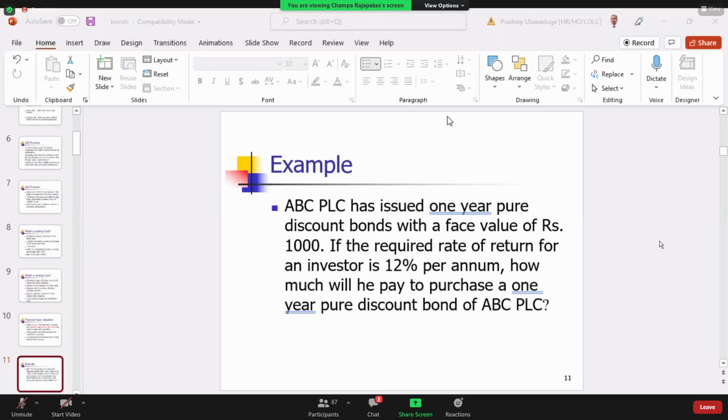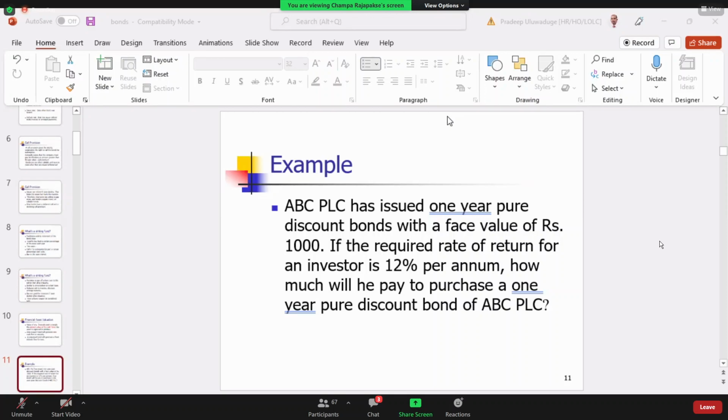So we have an example. ABC PLC has issued 1 year pure discount bonds with a face value of rupees 1000. If the required rate of return for an investor is 12% per annum, how much will he pay to purchase a 1 year pure discount bond of ABC PLC?